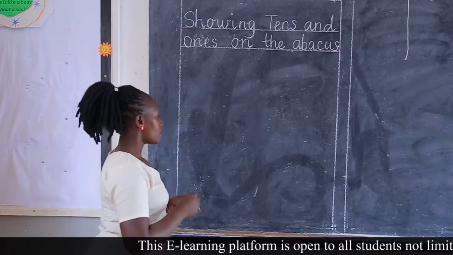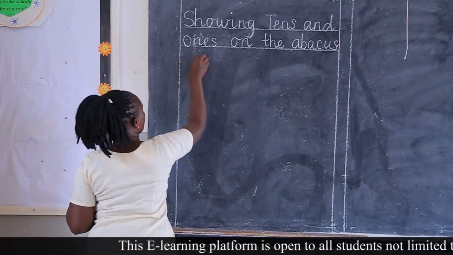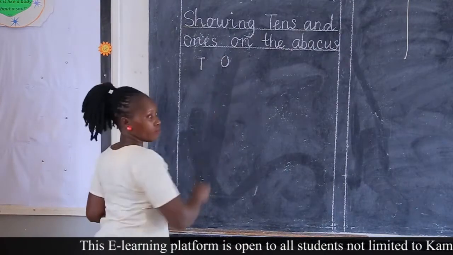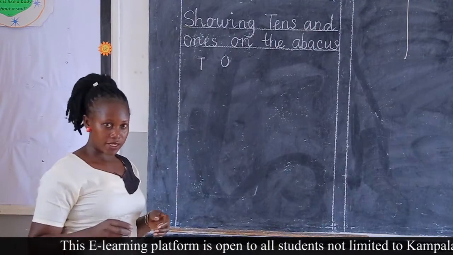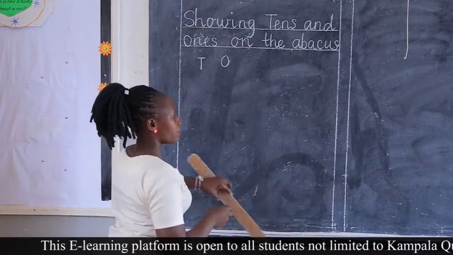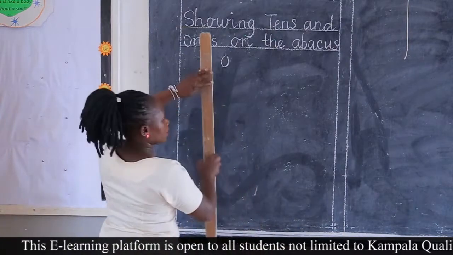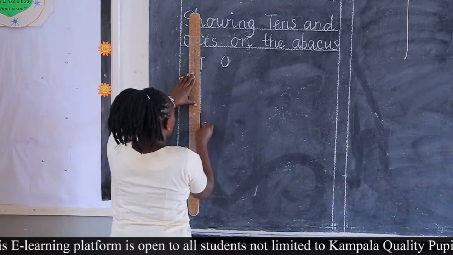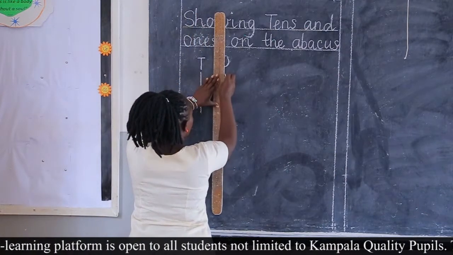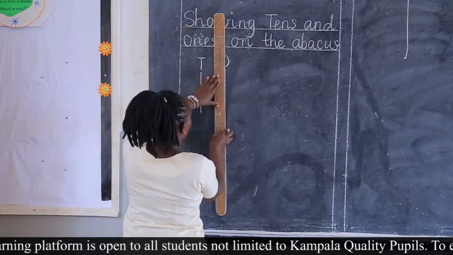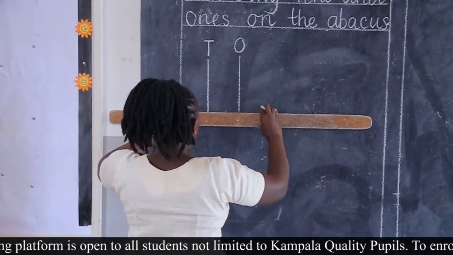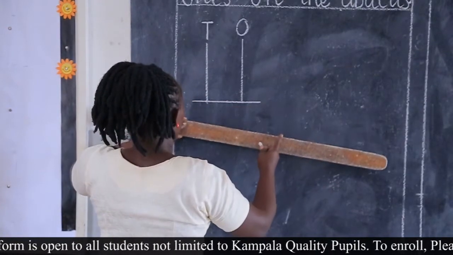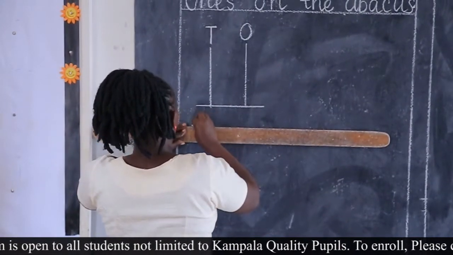An abacus looks like this. It has tens and ones, okay? So when we are making an abacus, we get a stick there, another stick there, and another stick there.